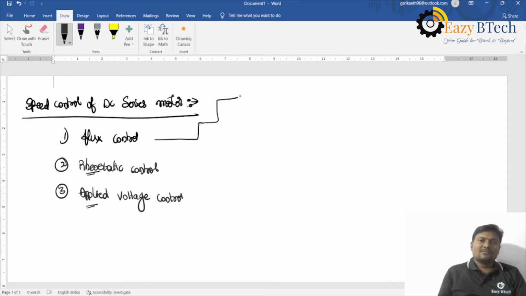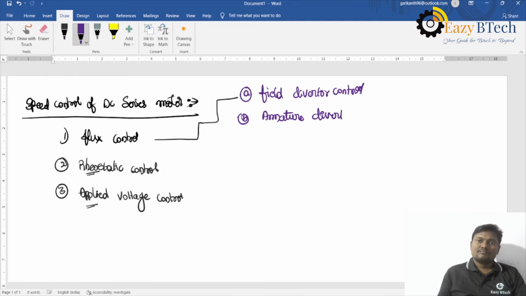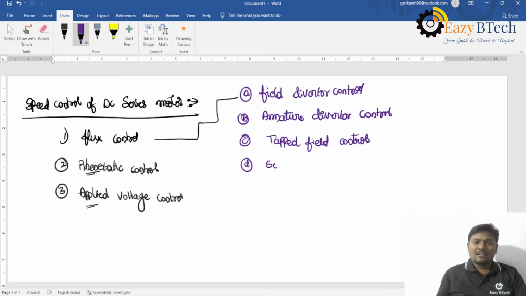In flux control, I have field diverter control, the second one is armature diverter control, the third one is tapped field control, and the fourth is series parallel connection of field.